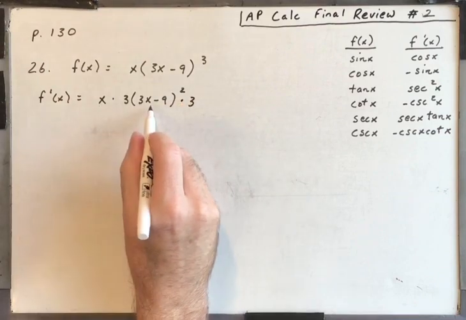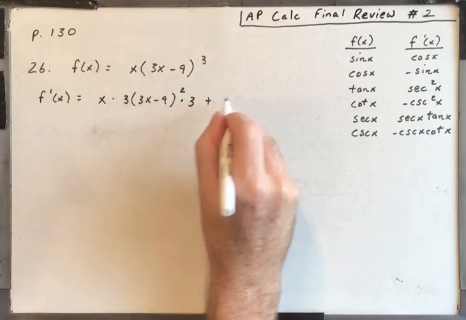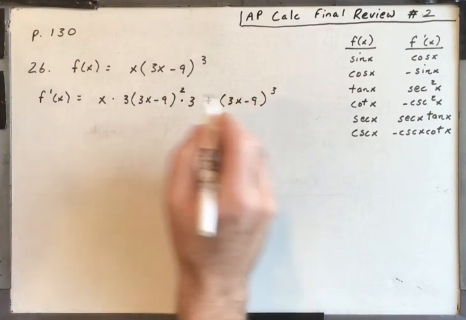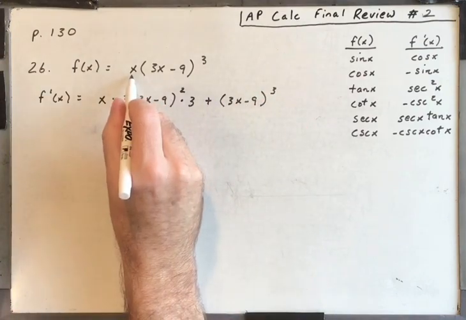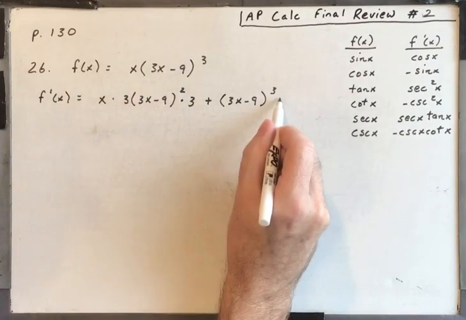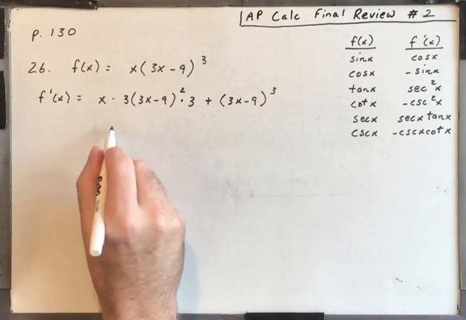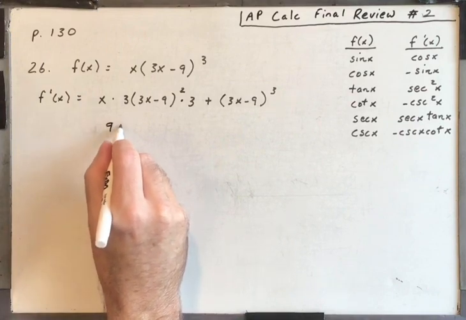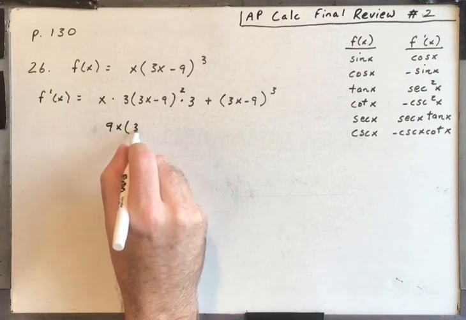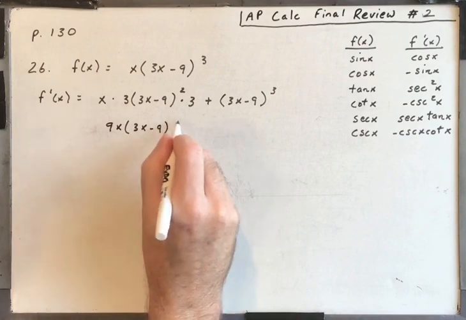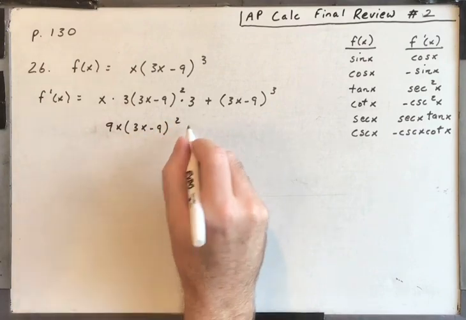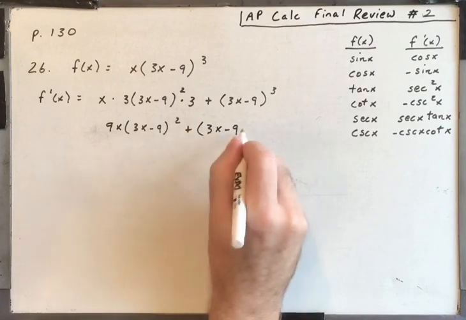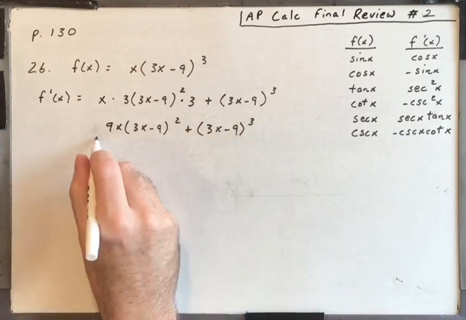First times the derivative of the second plus the second, 3x minus 9 cubed, times the derivative of the first, x. That's just 1. I won't write it. So that's going to be 9x times 3x minus 9 squared plus 3x minus 9 cubed.